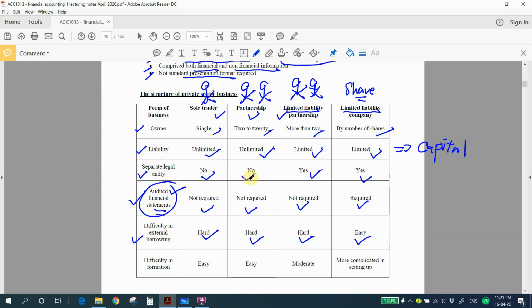I think the answer is audited, right? Because when the financial statement is audited, it means that a professional, an auditor, has done the checking. They have ensured that the account is faithfully presented, true and fair, and we can rely on the information. So as a banker, they will prefer the financial statement to be audited.